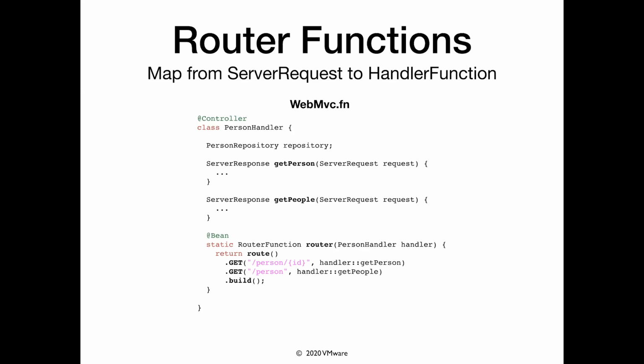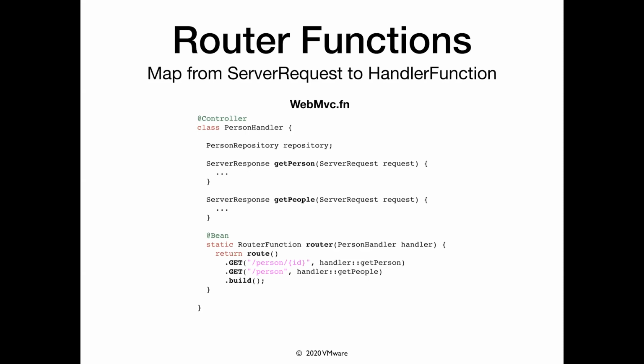A method reference is basically you're calling a function. In this case, it's a handler function, but instead of supplying the handler function inline, we're just going to refer to a method. So we're referring to get person on the person handler. And we do the same for get people. We're mapping to the get people method. It's just above it. And then we say build to build the whole route. That's what we do here.